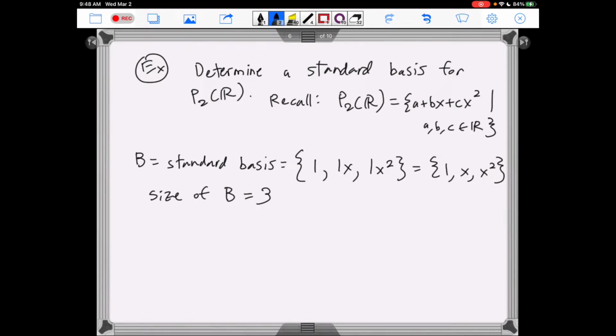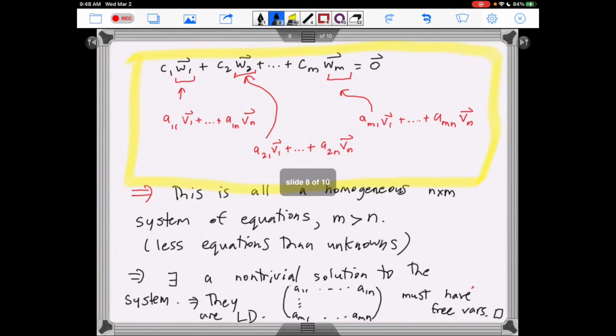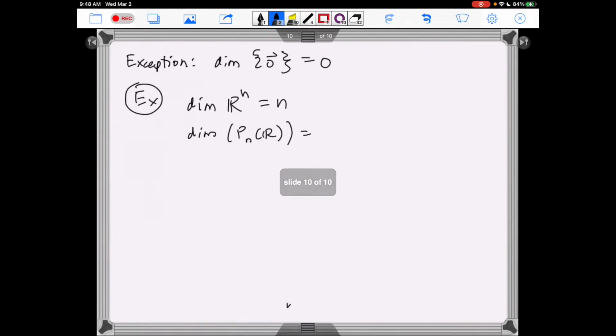What would it have been if it was P3R? Then a basis would be 1, x, x squared, and x cubed. Our dimension would be 4. In other words, the dimension is always one more than the n. So the dimension of PnR is n plus 1. It's because we have an element for every power, including the power of 0. That's why we get that plus 1 there.